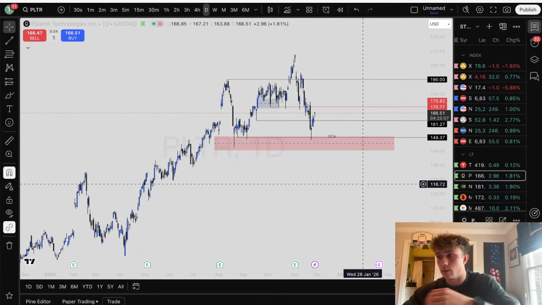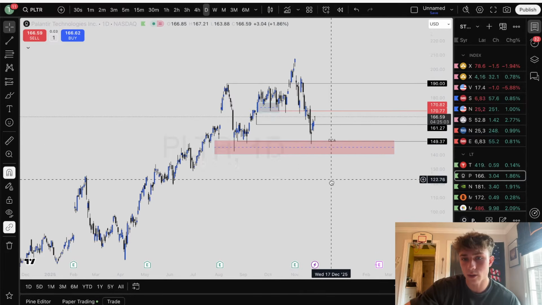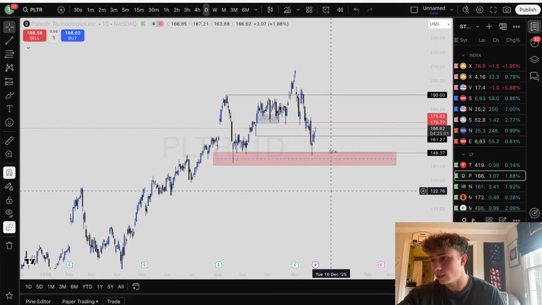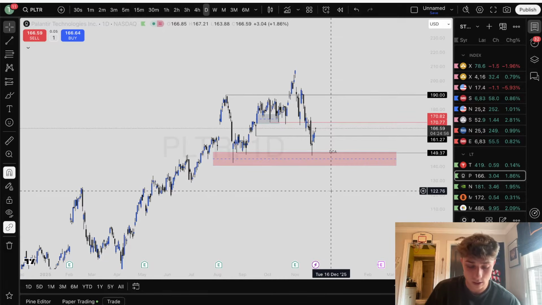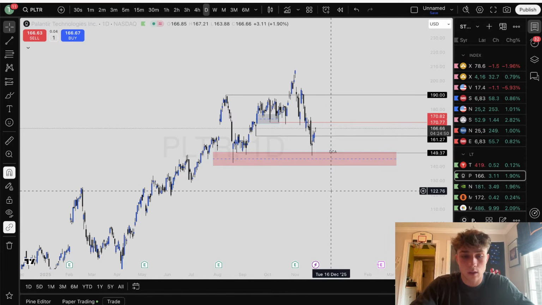Palantir. So my original dollar cost average was here. Again, I didn't want to dollar cost average with that high time frame SMT. I have $7,600 in Palantir, with, let's see, Robinhood has 33 of those shares.